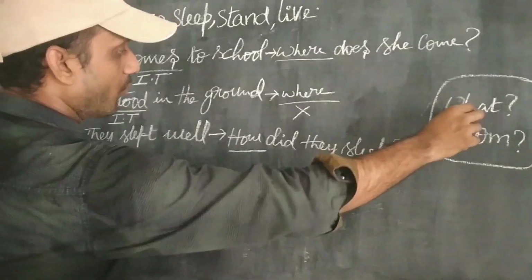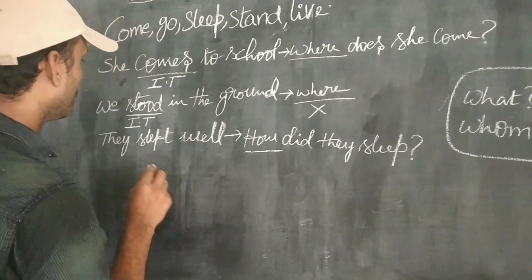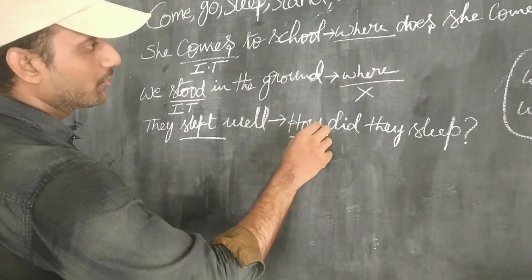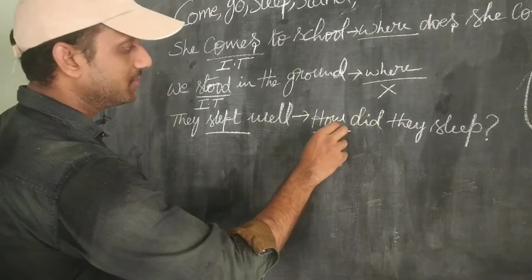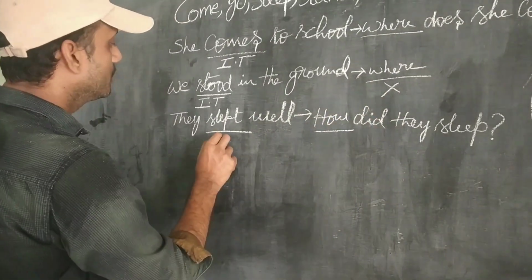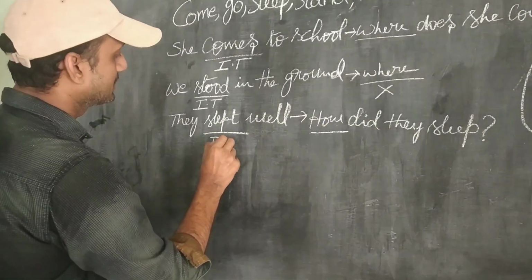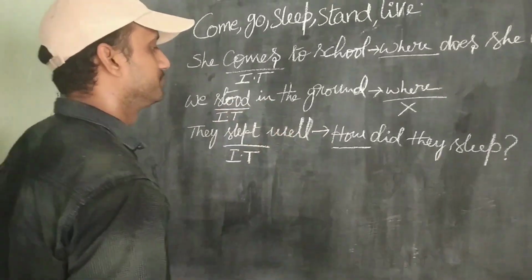Compare these two, what, whom? No. We don't have what or whom to use any one of them. We can't use them here. So we have to treat it as intransitive.